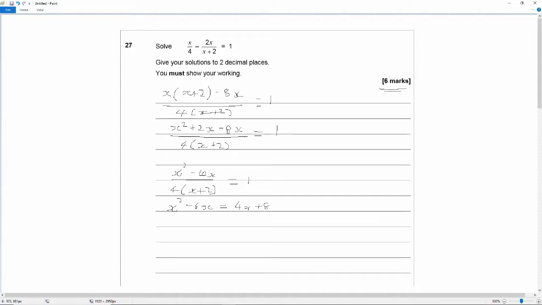And now I'm going to move everything across, so we've basically arranged it so it looks like a normal quadratic equation. So I'm moving the 4x over to the left, and I'm moving the 8 over to the left. So this is x squared minus 6x minus 4x minus 8.